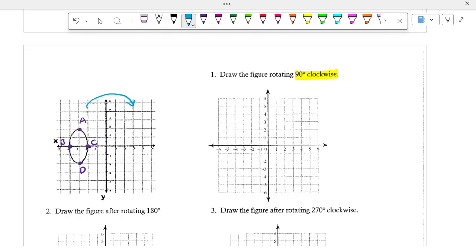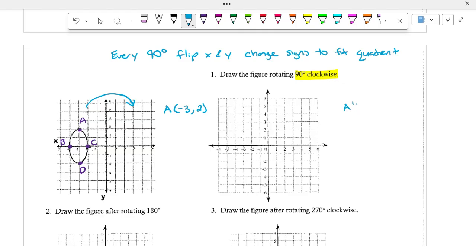Remember, for every 90 degrees, flip x and y and change signs to fit the quadrant. If A is originally at the point -3, 2, where do you think A prime will be?